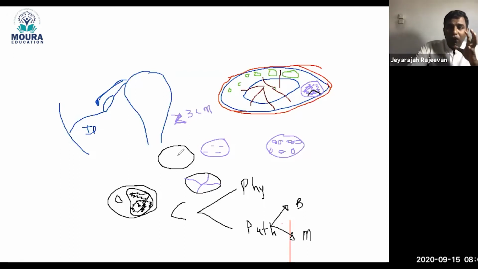So in a premenopausal woman, an ovarian cyst of less than 3 centimeters is not significant. It's physiological. We are going to worry when a premenopausal woman has a cyst of more than 3 centimeters.